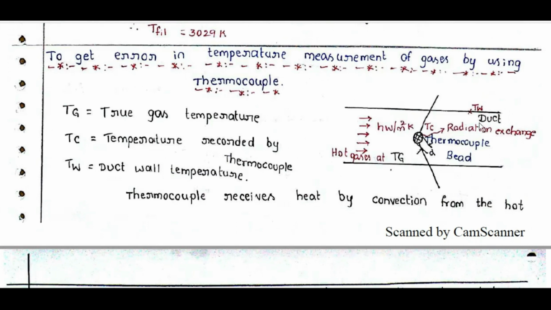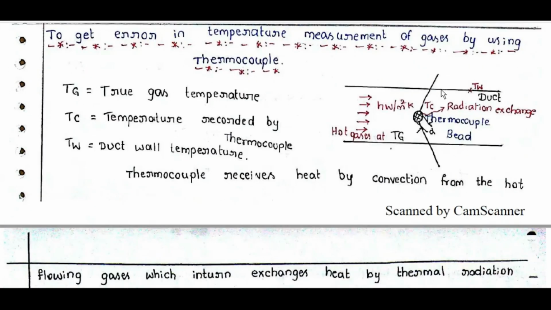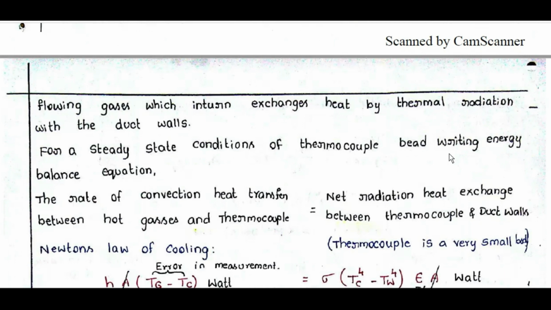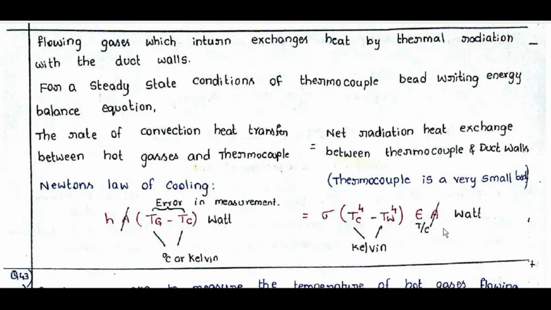Duct Tw, hot gases at Tg, Tc thermocouple bead, radiation exchange. For a steady state condition, writing the energy balance equation for the thermocouple bead: the rate of convection heat transfer between hot gases and thermocouple is equal to the net radiation heat exchange between thermocouple and duct walls.